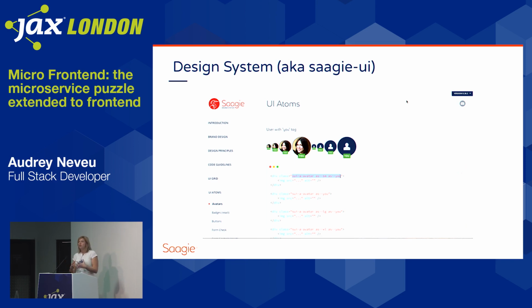There is no point to go for micro frontends if you're not going to provide a very consistent user experience. So the Saagie one is called Saagie-ui. You can't use it for commercial purposes, but you can definitely have a look at it, just to get inspired to make yours.